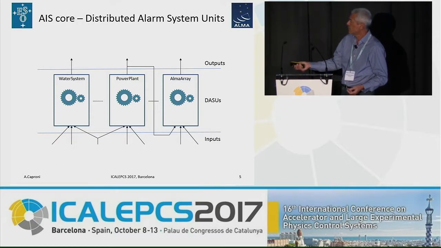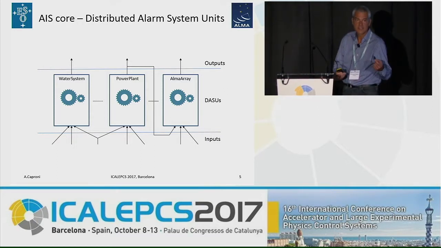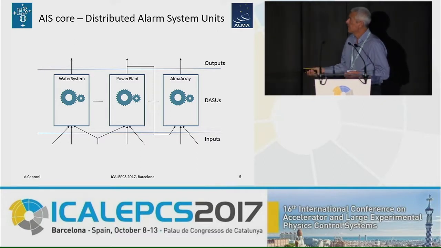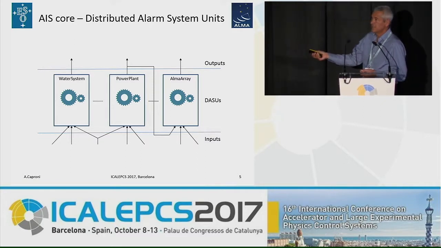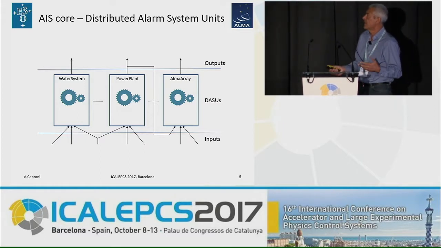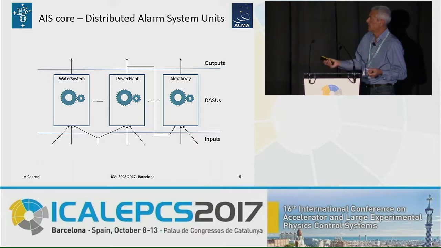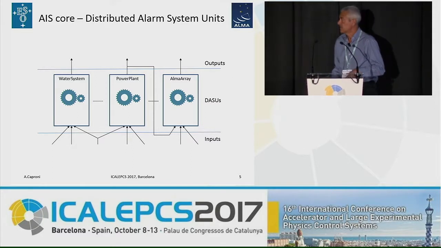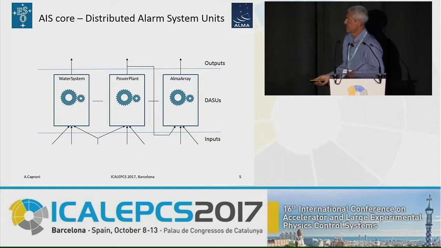The same inputs can be shared by more than one DASU if it makes sense, for example if a power line is affecting more equipment. They produce an output that is in a nominal state, the green state, or, if there is an alarm, in an alarm state. The output of the power plant, so the alarm generated by the power plant, can in turn be routed to other DASU elements if they need to know this alarm state.